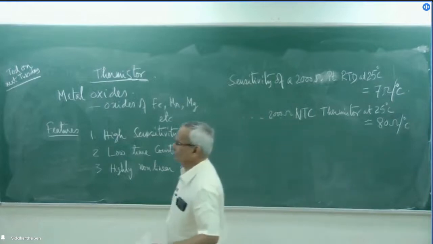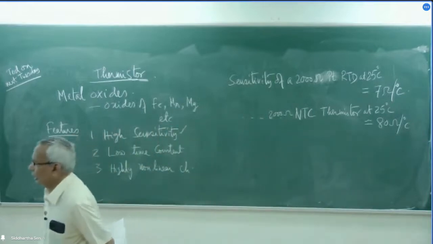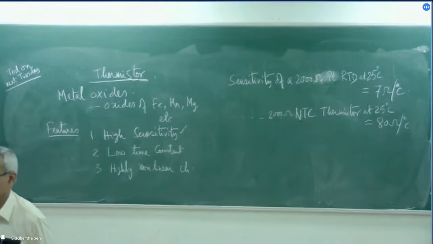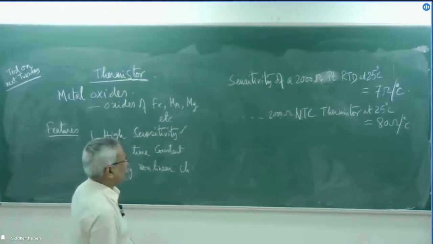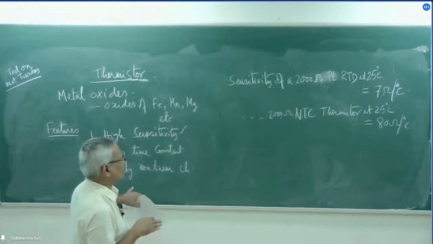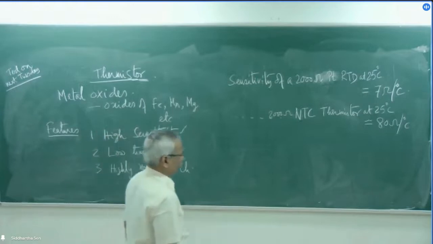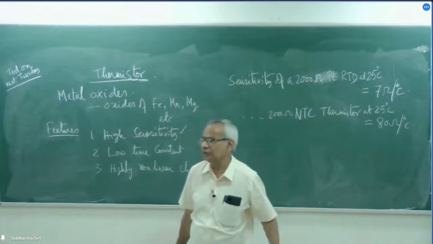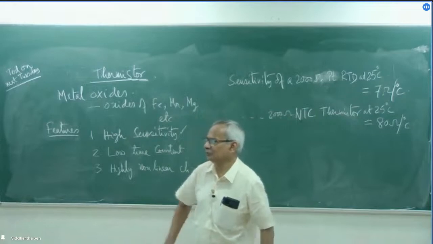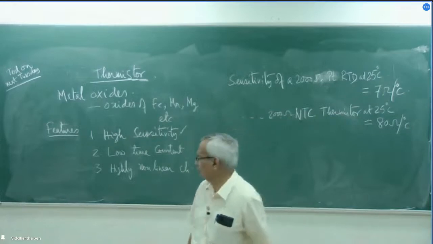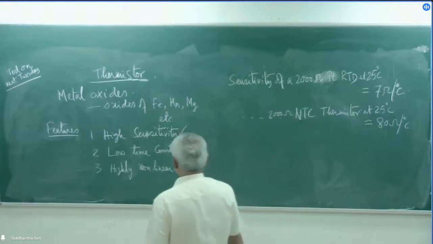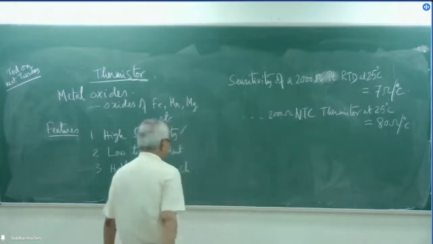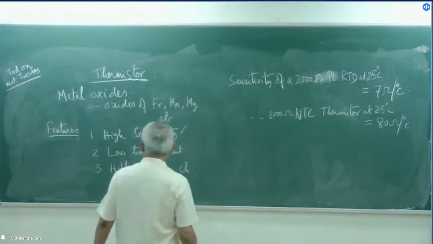So naturally you can see the thermistors are almost 10 times more sensitive to temperature. So naturally, it finds good use as a very delicate instrument where it can detect very small variation of change in temperature.